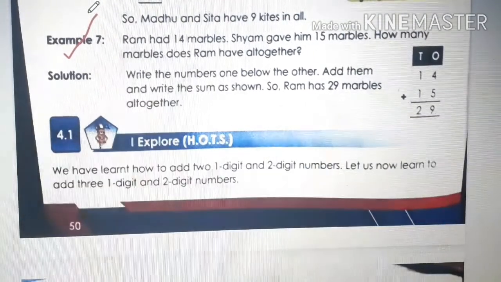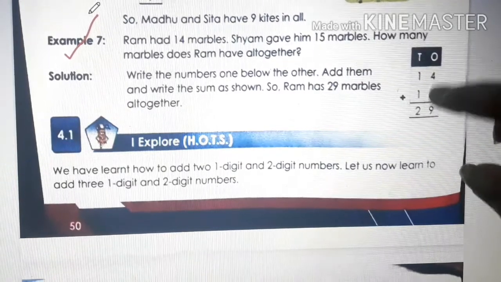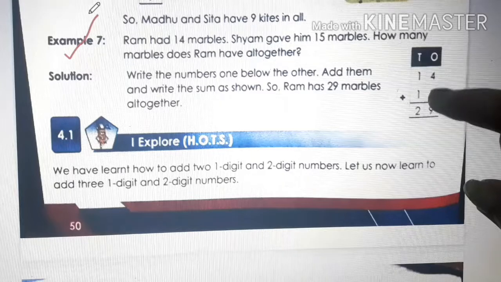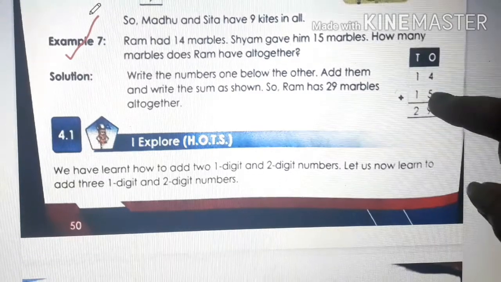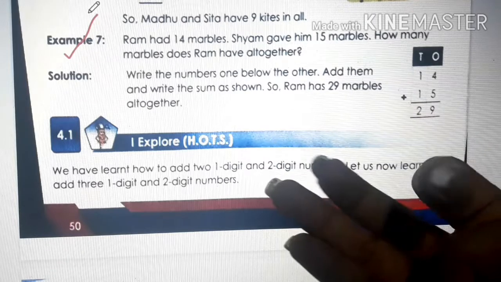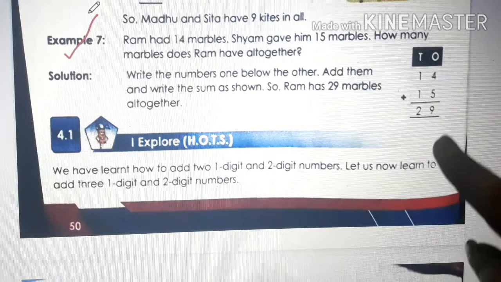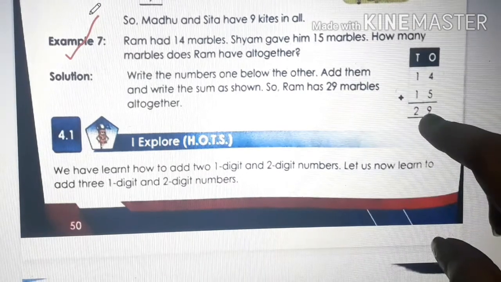Now you add, children. As I told you, we should start adding from which place? 1's place. Keep the bigger number in your mind. 5. Take 4 fingers. Start counting after 5. 6, 7, 8, 9. So how much did you get? 9 in 1's place.